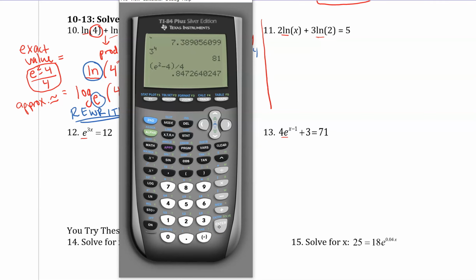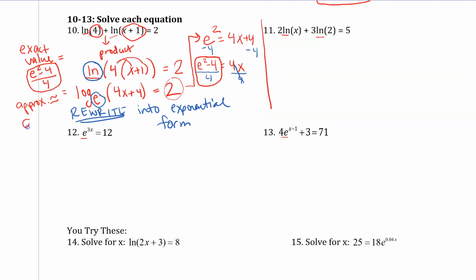And I get an approximate value of 0.847. Whenever we're approximating values, let's make sure to round them to 3 decimal places. So as an exact value, that's e squared minus 4 over 4. As an approximate value, that's 0.847.